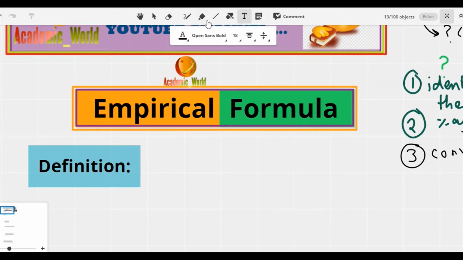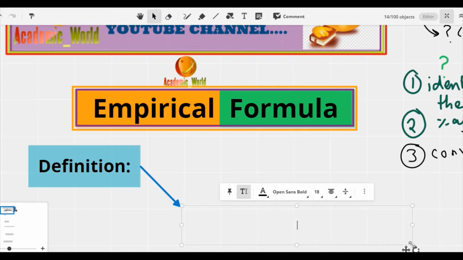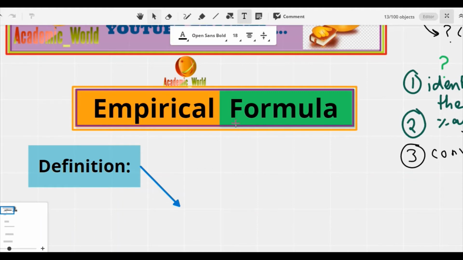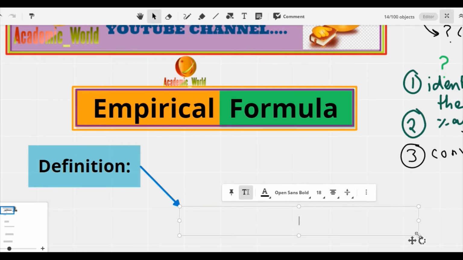The definition of empirical formula is: the empirical formula is the simplest whole number ratio of atoms or ions in a compound.